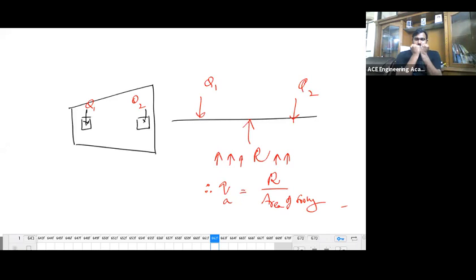The pressure that the soil can bear without any failure, whether it is a shear failure or settlement. So it is upward in direction, and that is nothing but upward reaction by area of footing. Whatever is tapered is nothing but trapezoidal only. We discussed rectangle, square. Now it's a tapered trapezoidal.